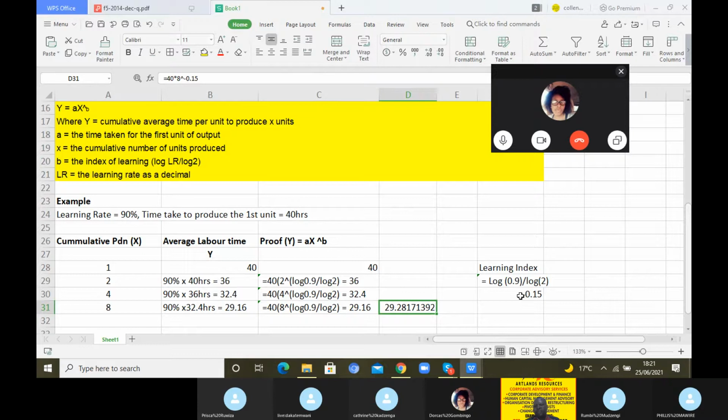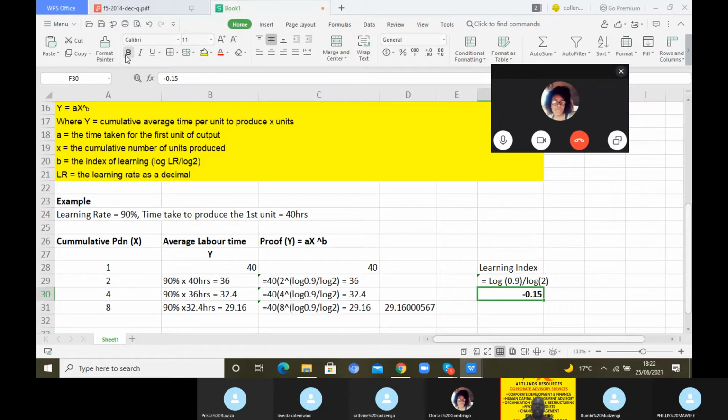It's because Dorcas has rounded off the index. What was the actual number, Dorcas? If you put it to more decimal places, what does it give you? Minus 0.152003093. If we put it like this, it then gives us 29.16, the exact figure. So the examiner, instead of making you punch log 0.9 over log 2, can just give you this as the learning index.